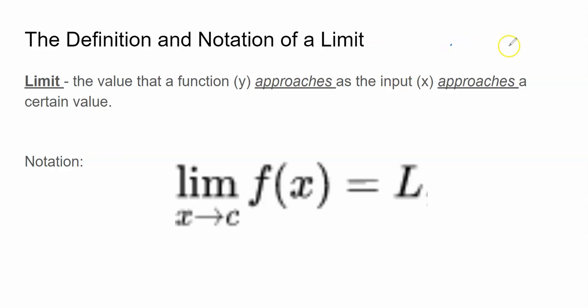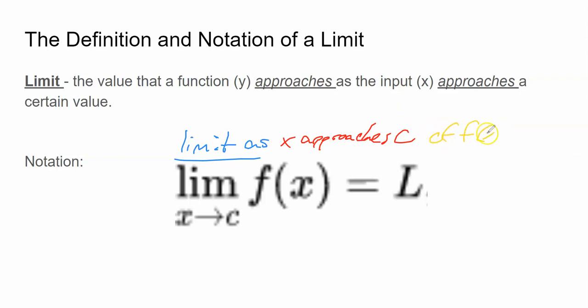I'm going to prep my pen here. So first of all, we've got this idea that we have a limit right here, as, that's the blue part, and don't worry, I'll box it all in as I go along. x approaches c of f of x equals L. Let me go ahead and box all these for you so you know what part of the notation I'm talking about.